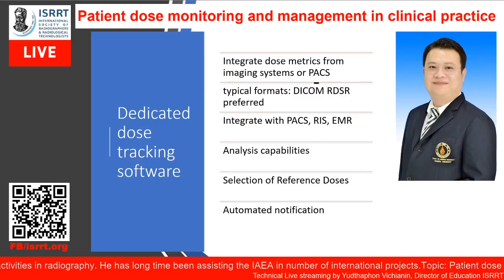Then when you click on the email, it says this patient received too high CTDI volume. When I click it, I will see if the patient is a standard size patient, then we need to look into it, what happened. But if the patient is overweight, then we know, okay, the patient is overweight, it's normal that the dose is too high, things like that.